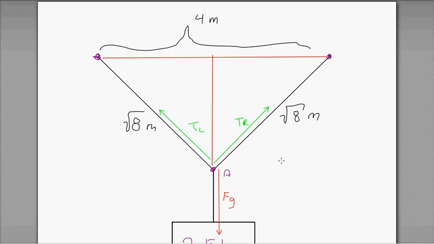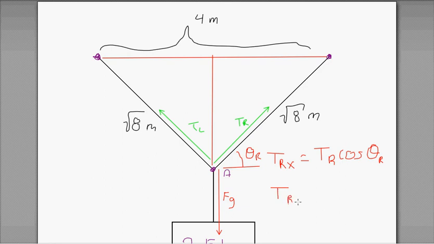I prefer to write the x and y like this, and to be even more specific for today's class, we'll say TRX equals TR cosine theta R. Basically, here is our right vector, right? And if I have an angle right here, theta R, I can use this formula to find the x component. We've done this a lot of times in class.